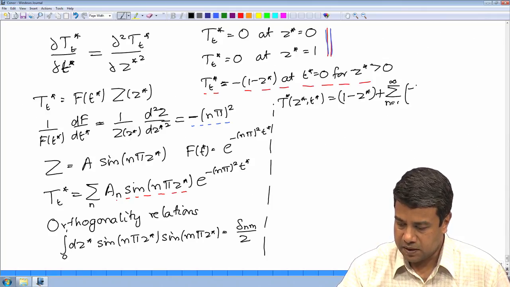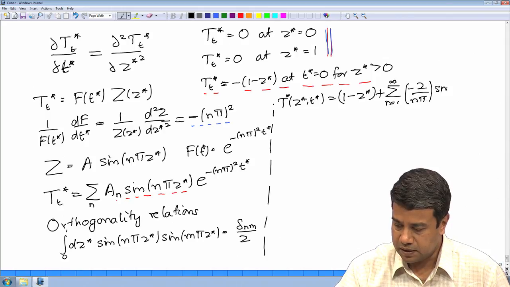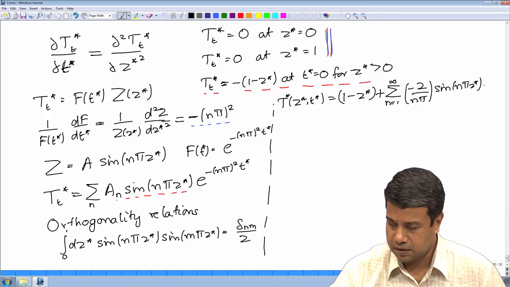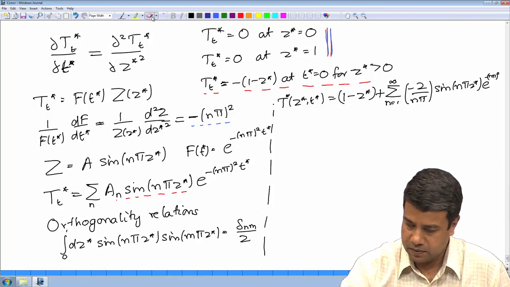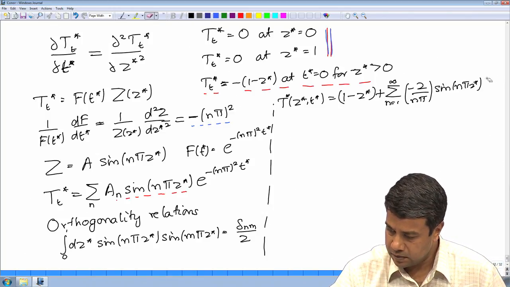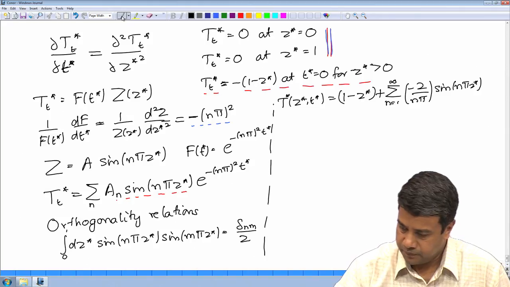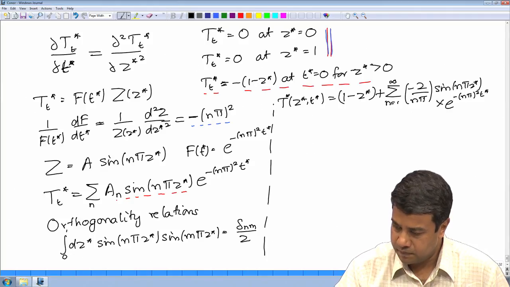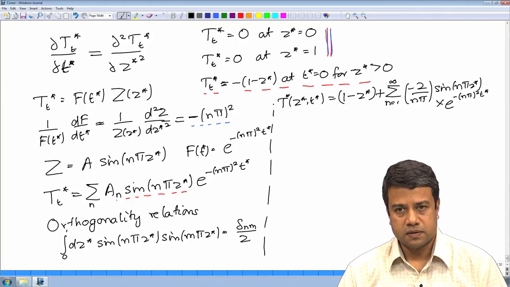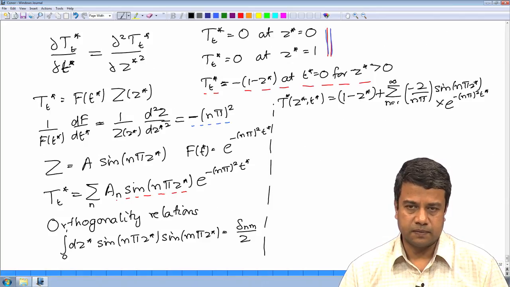The constant was minus 2 by n pi sine n pi z e power, let me write that below. So, that was the final solution that we got.